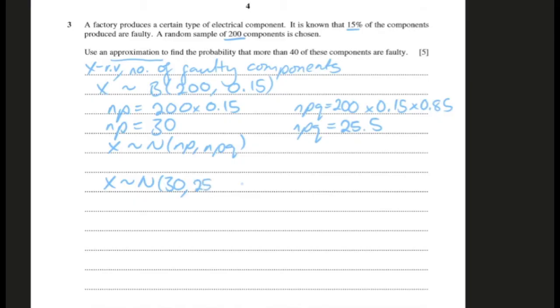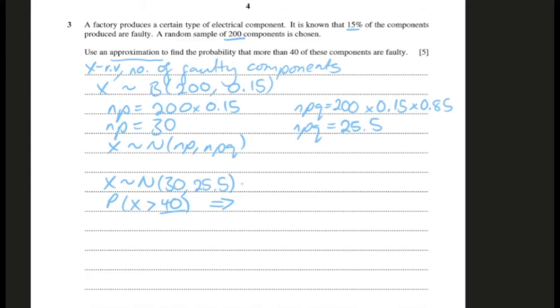Now let's go back to the problem we're required to solve. We want to find the probability that x is greater than 40. Remember that this 40 was defined under a discrete distribution. Now we're moving this 40 to a normal or continuous distribution, so we have to apply continuity correction.